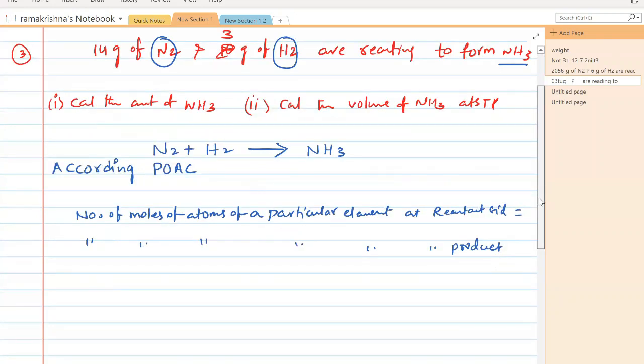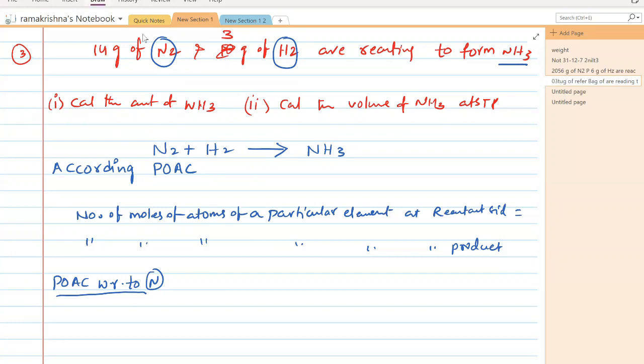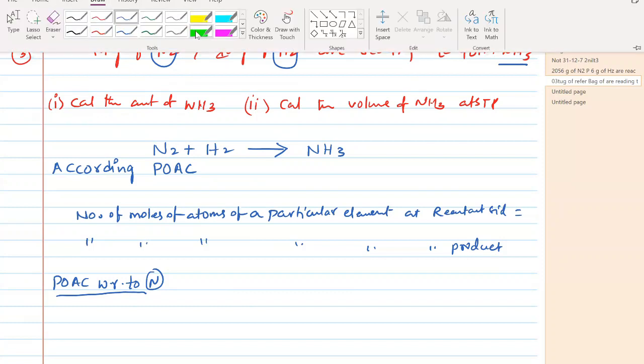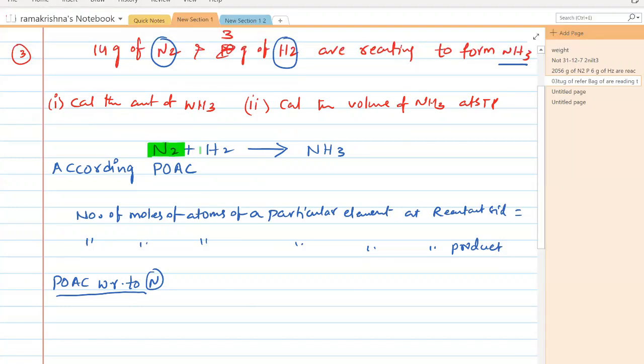Now let us apply this principle of atomic conservation with respect to nitrogen. I am applying POAC with respect to nitrogen. Surely we have to take atoms only. In the unbalanced equation, where do you find nitrogen? The nitrogen is in N2.